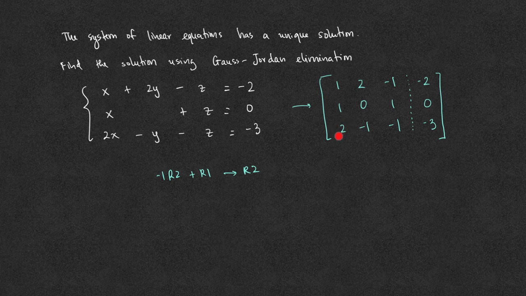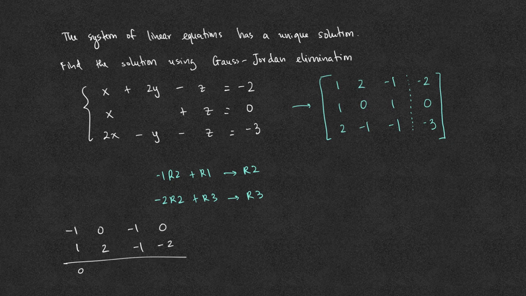To turn 2 in the third row into 0, we can take negative 2 times row 2 and add to row 3 to obtain the new row 3. Negative 1 times row 2 will be negative 1, 0, negative 1, 0. We take every entry in row 2 and multiply by negative 1. We then add to row 1, which is 1, 2, negative 1, negative 2.